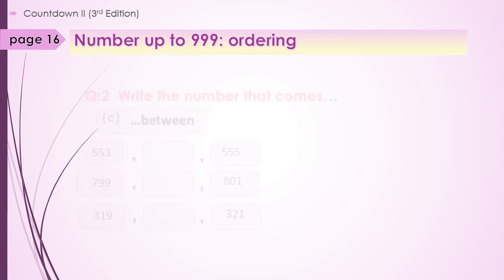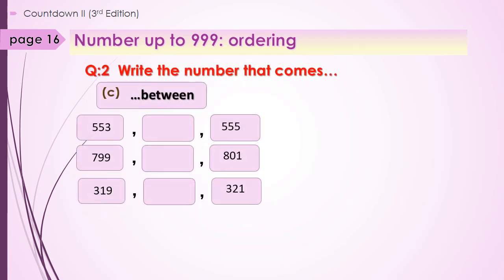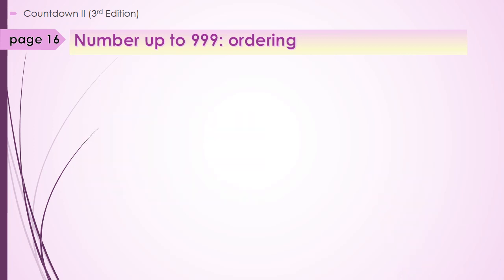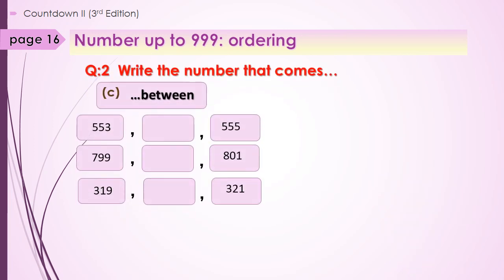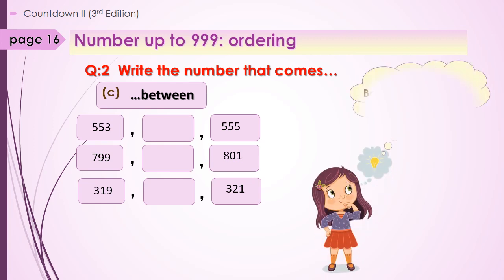Now we are going to find the number which comes between the two given numbers. We can get the number that comes between by counting backward or forward. If we count forward from 553, we will get the answer, that is 554. And if we count backward from 555, we will get the same answer.